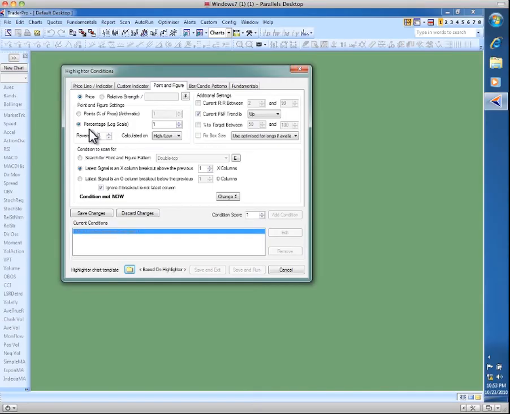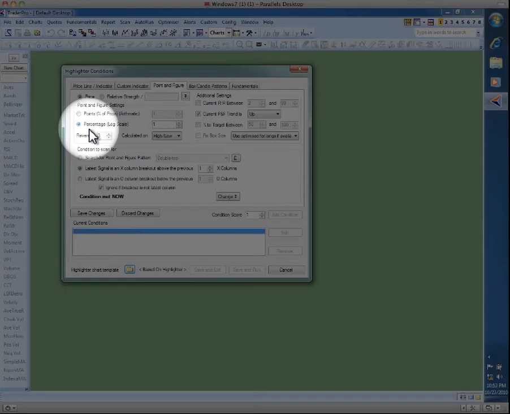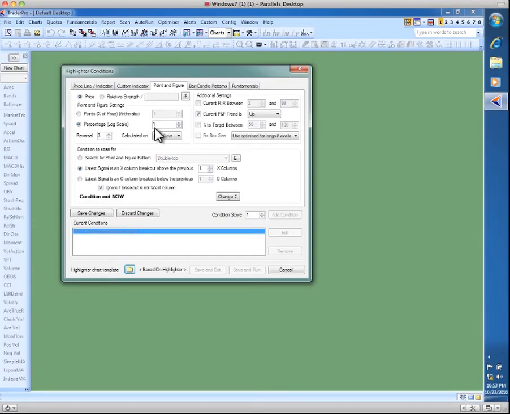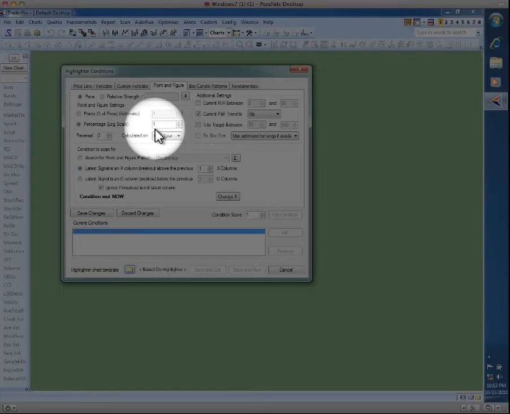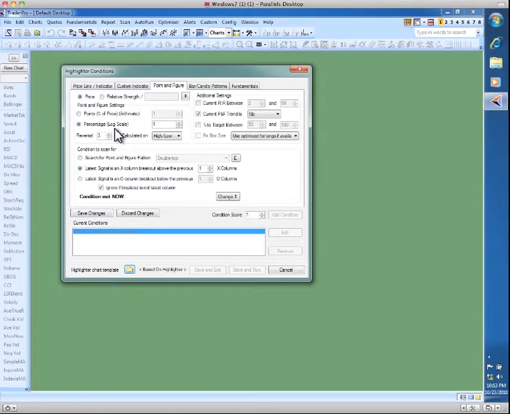The first input is customized point and figure scans from Trader Pro by Updata, which allows for the percentage scaling method with the box size set at 1.0 on a log scale basis.